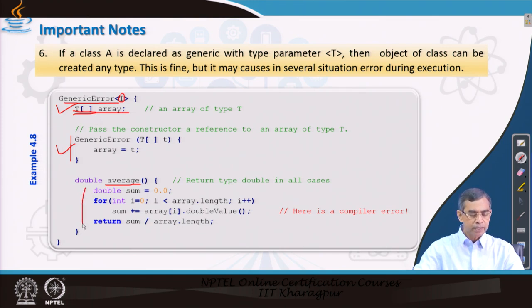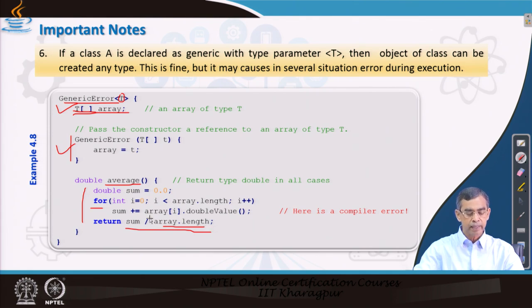The simple logic is a for loop, which calculates the sum of all elements, and then divides the sum by the total number of elements, array.length, to get the average.